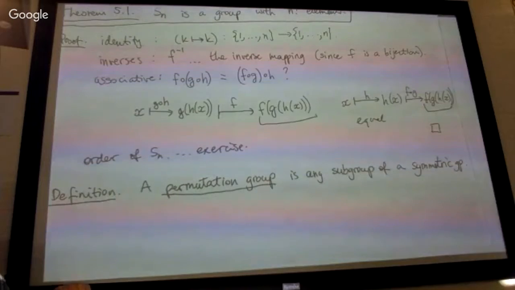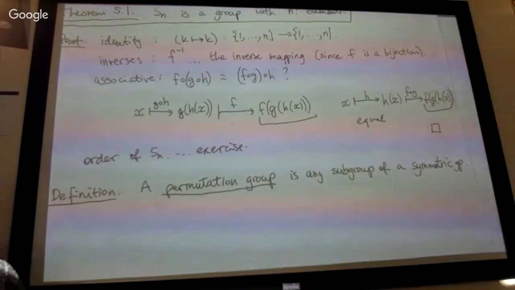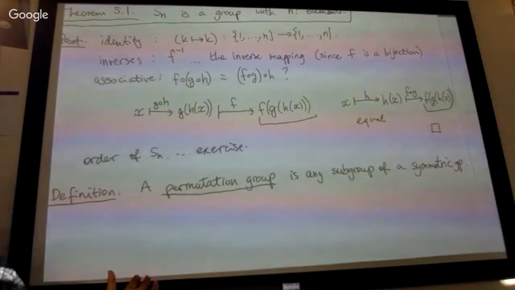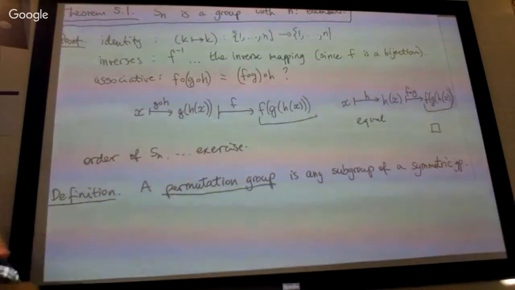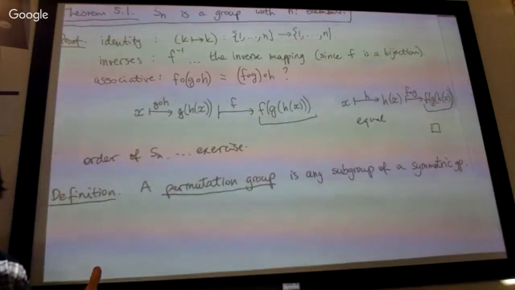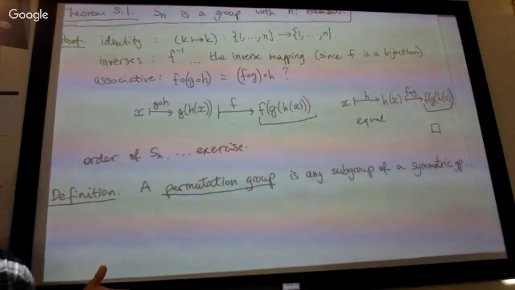For example, the symmetries of a triangle, and things like that. So here you have the symmetries of the most symmetric set, where no matter how you mix them around, you get a symmetry. And that's the symmetric group.